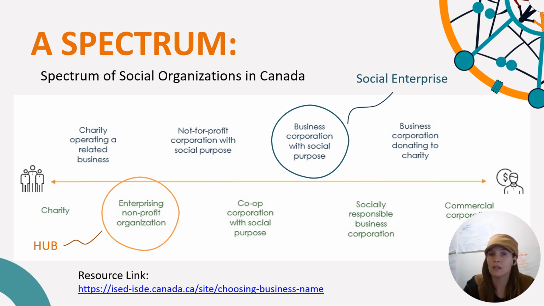The traditional definition would be that a social enterprise is actually a business and under the Corporations Act. But that's not necessarily true. There's lots of examples in BC of social enterprises that are operated under nonprofits.